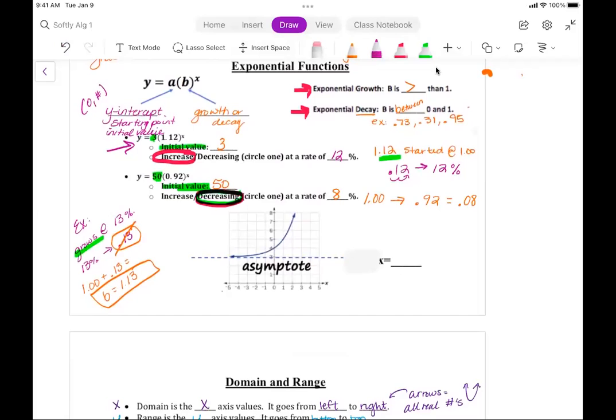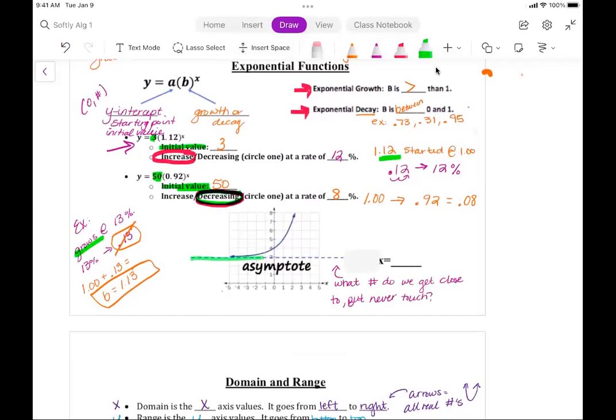Last part, your asymptote. This means what number do we get close to, but never touch? What number do we get close to but never touch?